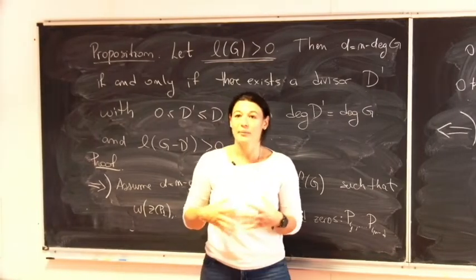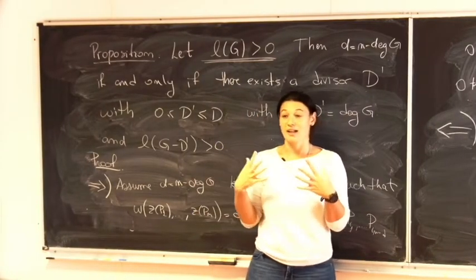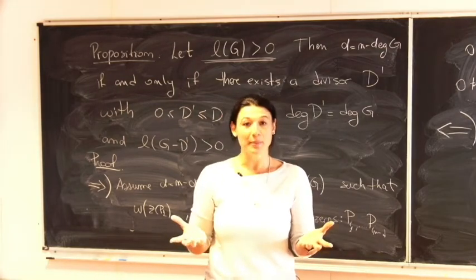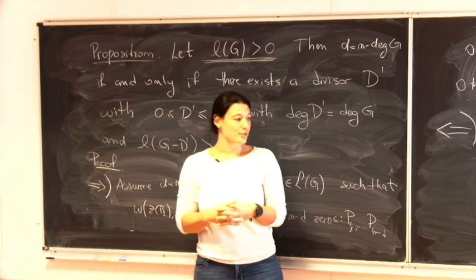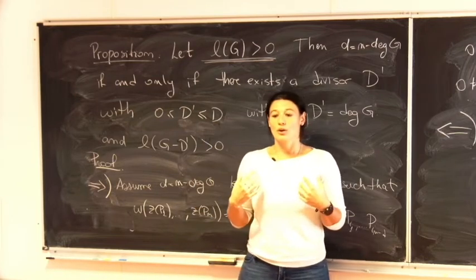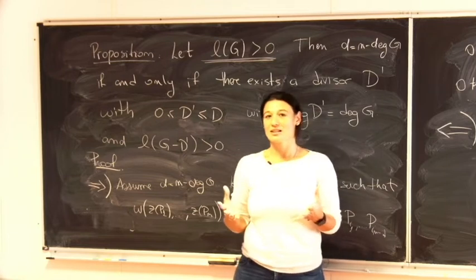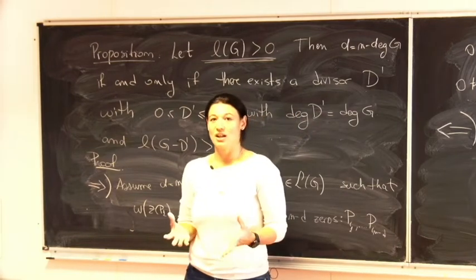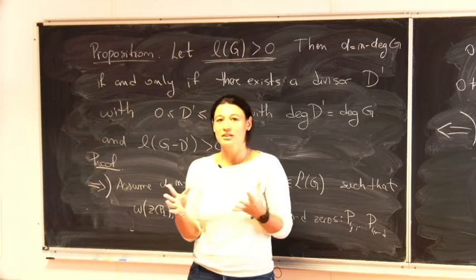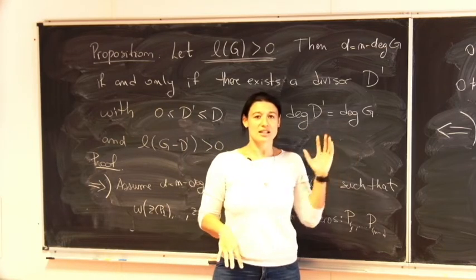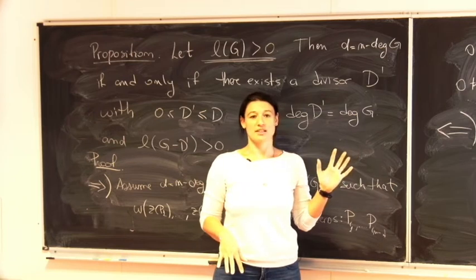So this is everything about how to build an AG code. And what can I say about the parameters? Of course, to use this kind of codes, we need to know something about the Riemann-Roch space of the divisor G. So that's the difficult part of the theorem: trying to build a basis for the Riemann-Roch spaces.